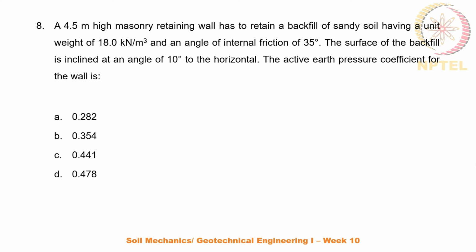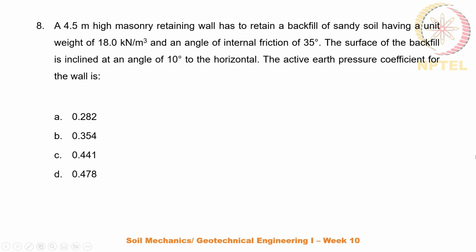The active earth pressure coefficient for the wall is option A 0.282, option B 0.354, option C 0.441, and option D 0.478.